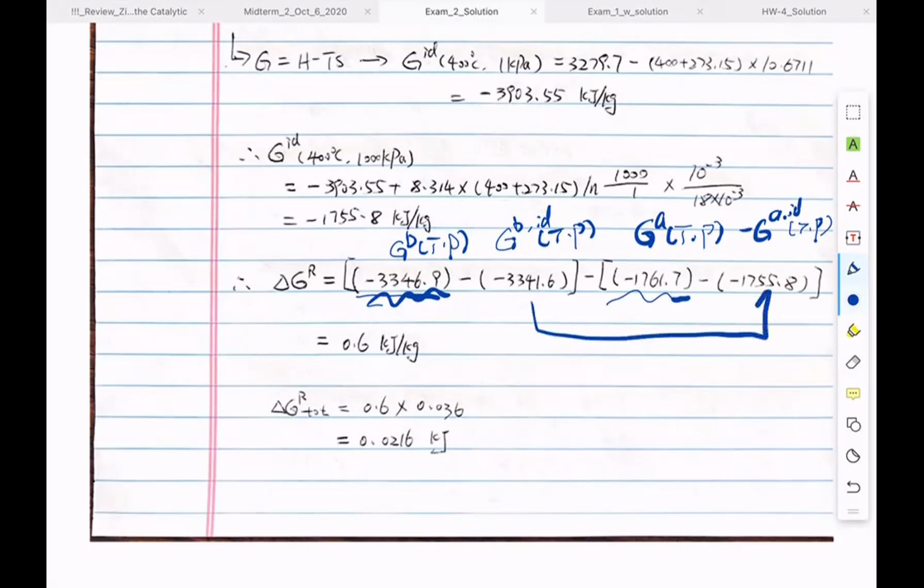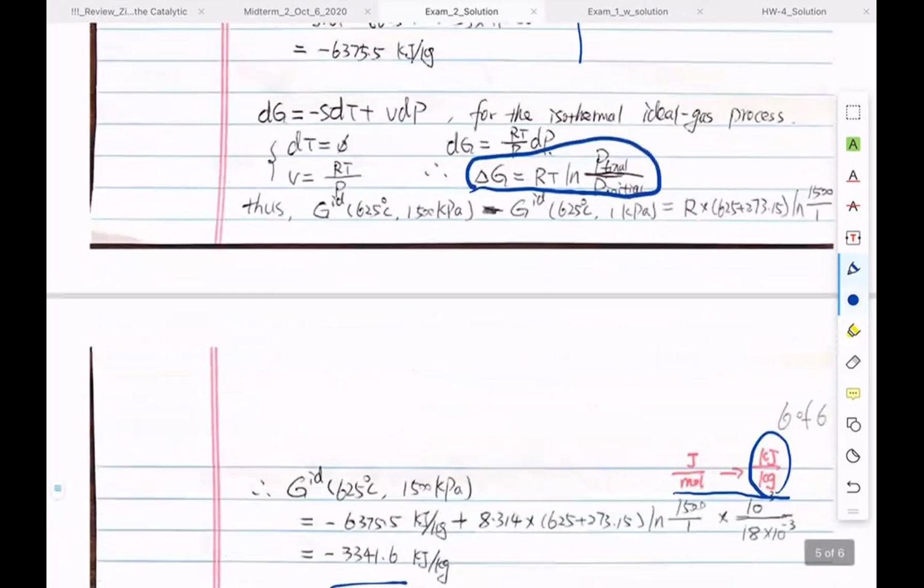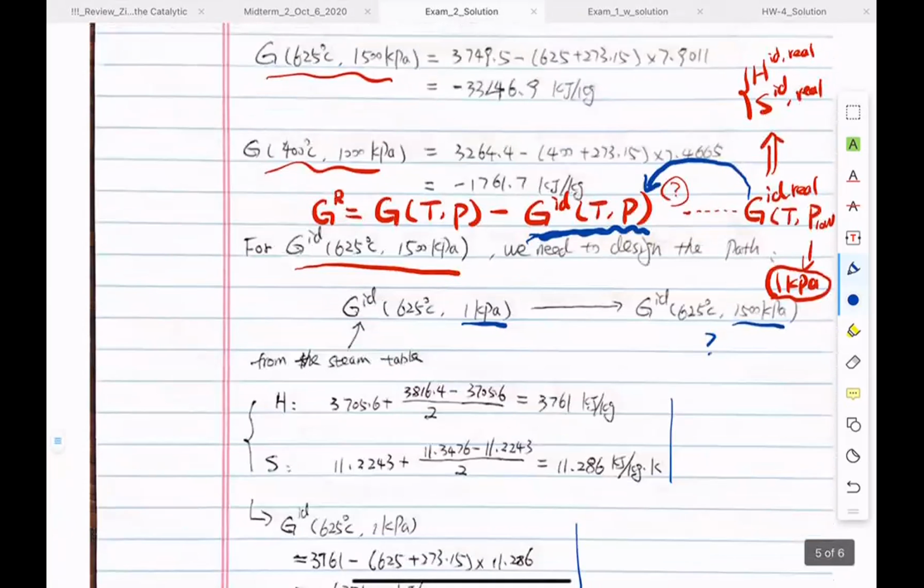The second and the fourth will take some time to calculate, and along the process we need to design the ideal gas Gibbs energy calculation, right? You also need to acknowledge that the best ideal gas condition we have access to from the steam table should be at 1 kPa.